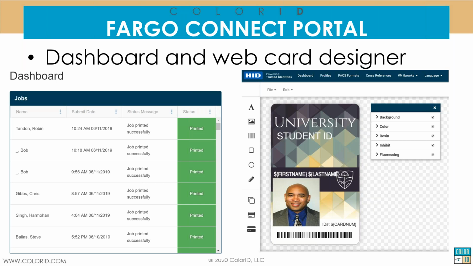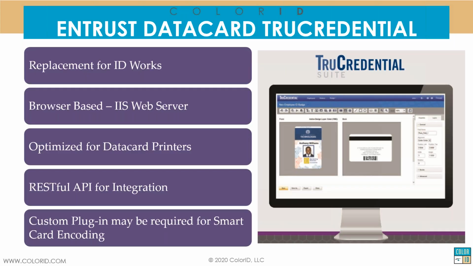And then on the left is a dashboard of all the printers on your network, and you can see them in the Fargo Connect portal, and it tells you what's going on. So if you have a printer across town at a smaller campus, you can see what's going on with that printer. And if you send a job over there, you can see that it printed, you can see that it did not print, you can get an error message, whatever. So it does give you, through that HID portal, information about what's going on with your printers.